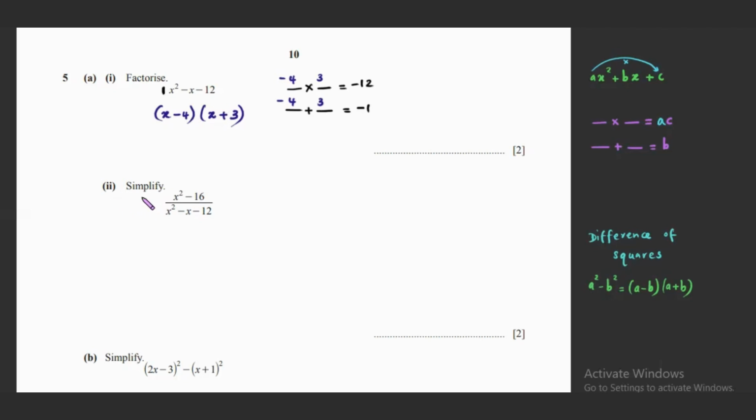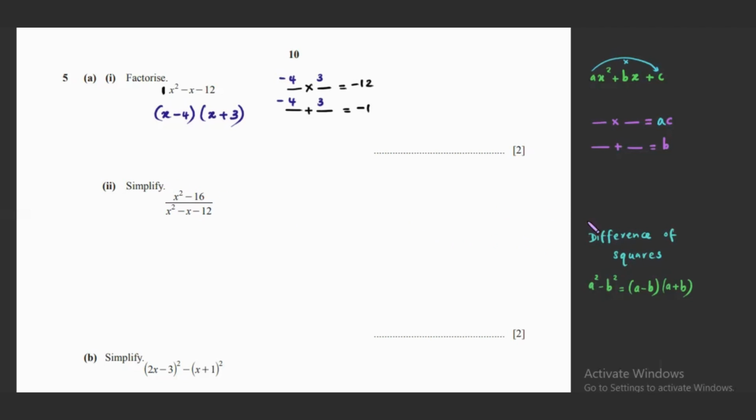Part 2, simplify. We have an algebraic fraction here. So first I'm going to factorize this. X squared minus 16: they both are square numbers with a minus in between, as x is a variable that has a square and 16 is a perfect square as well. We have a minus in between. So this is called the difference of squares.